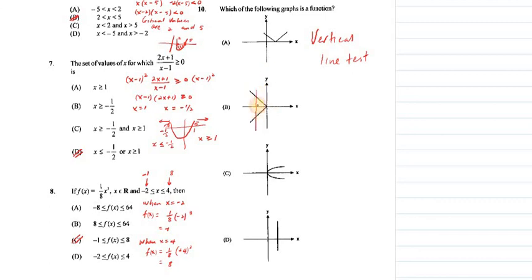So in this case, it cuts at this point here and over here, so not a function. This one cuts at 2, not a function. This one here cuts at infinite points because they're straight lines, so it's not a function. Right, so this one here passes the test, it cuts at only 1 point, so this is a function.